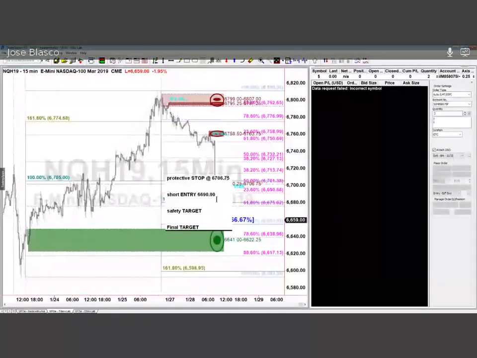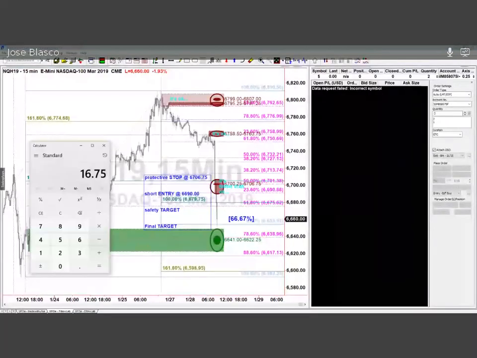If you were to do this type of an entry, bring the calculator into the equation here. So 6706.75 minus 6690, we're talking about 16.75 points of risk.